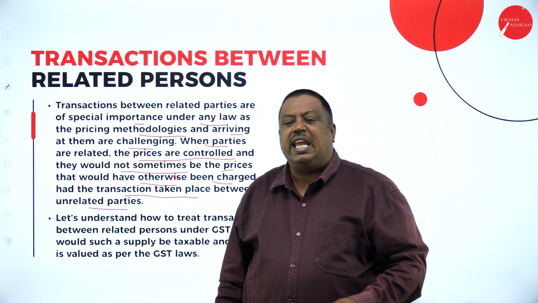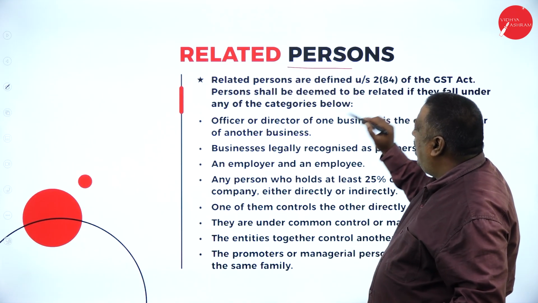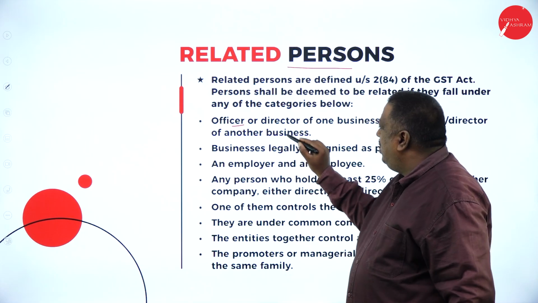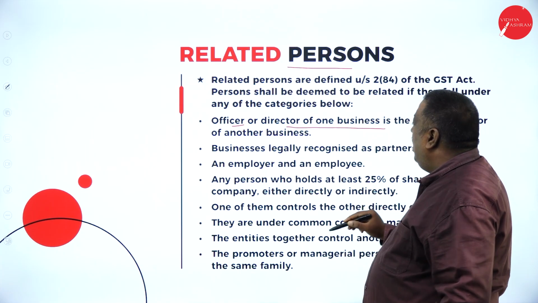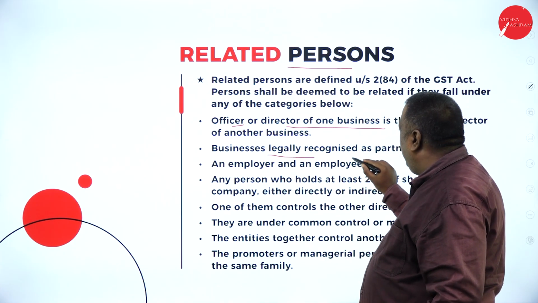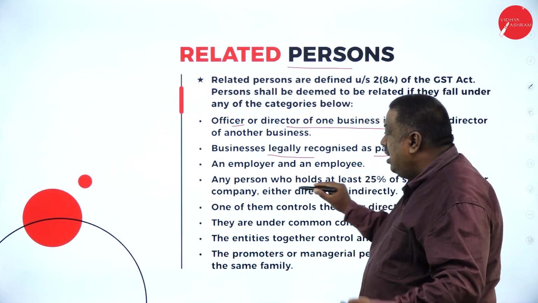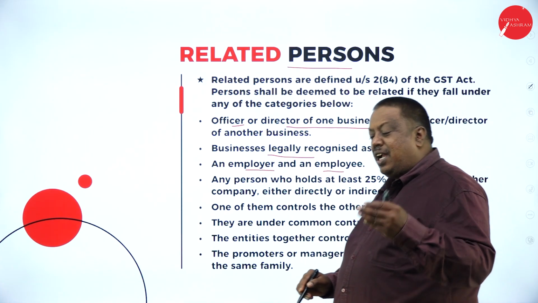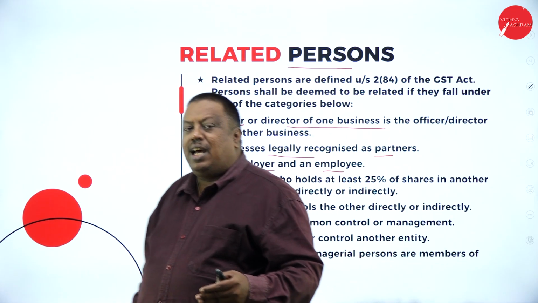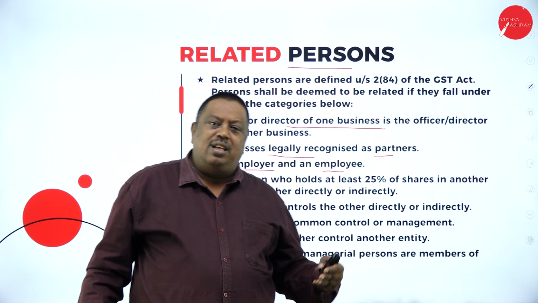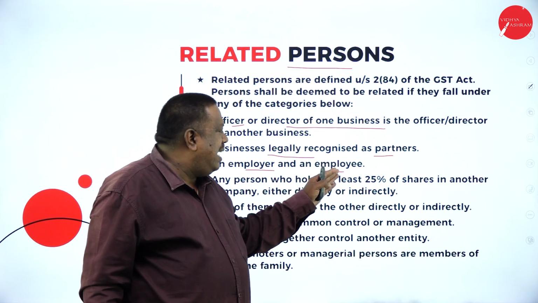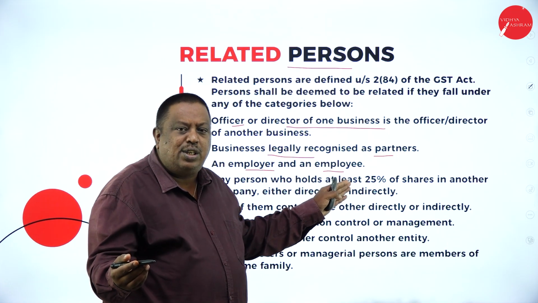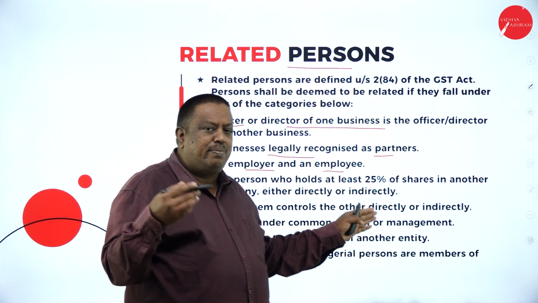Related persons are like any officer or director of one business or businesses which are legally recognized as partners, or an employer and employee, like a company where they have salespersons. Employer and employee means sales executive, sales agent, sales manager.